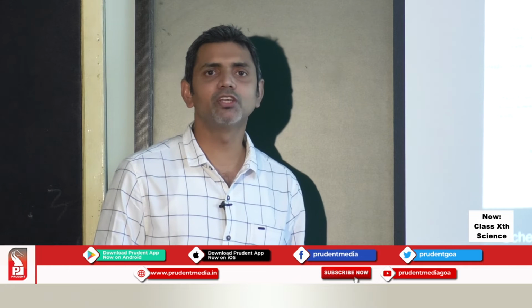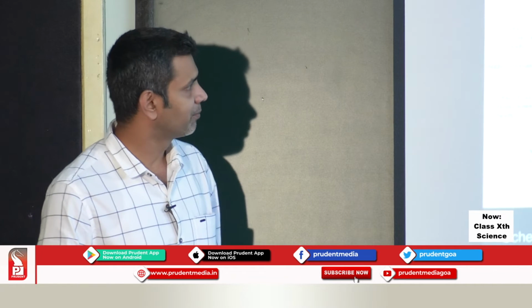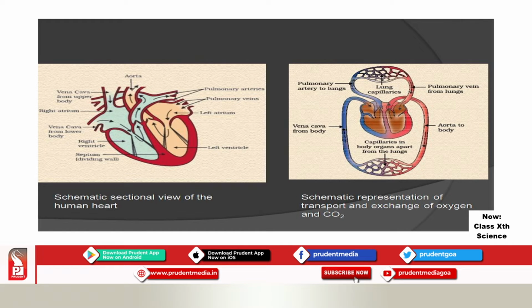This prevents the mixing of oxygenated and deoxygenated blood. Okay. So, we have a 4-chambered heart to prevent the mixing of oxygenated and deoxygenated blood.